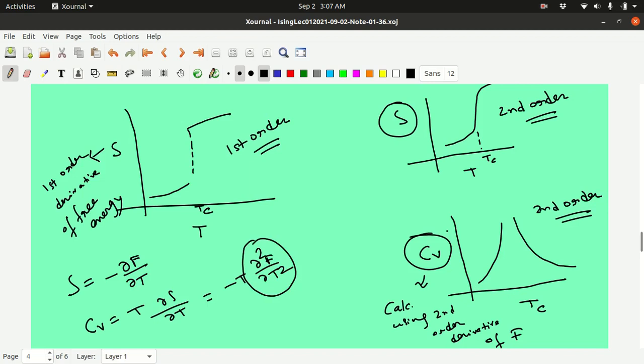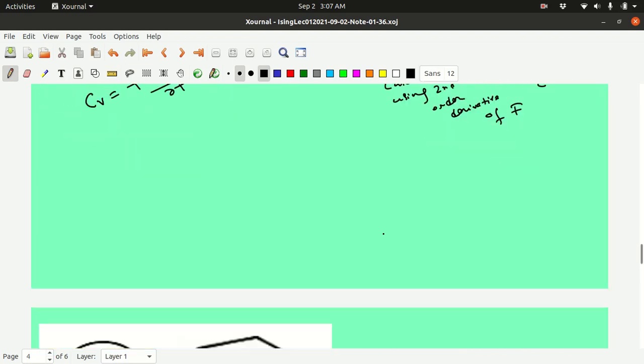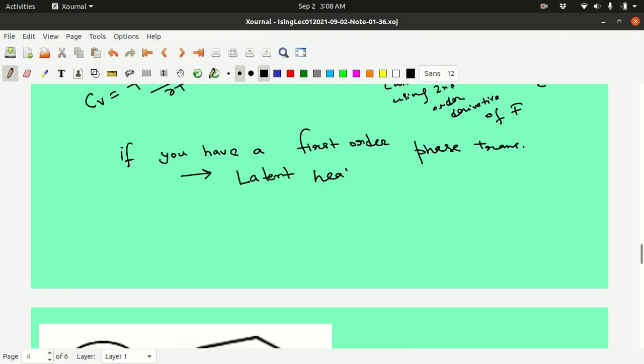Now you have the idea clear of what is first order phase transition and what is second order phase transition. And there is another point: if you have a first order phase transition, then there will be latent heat associated with that.